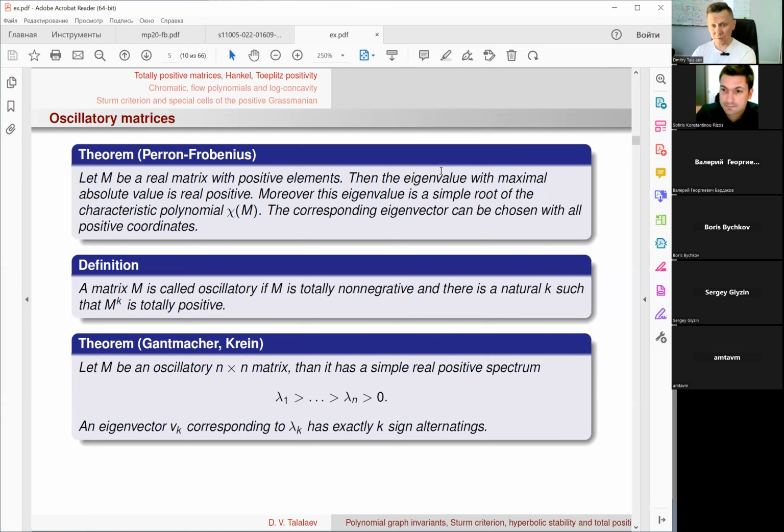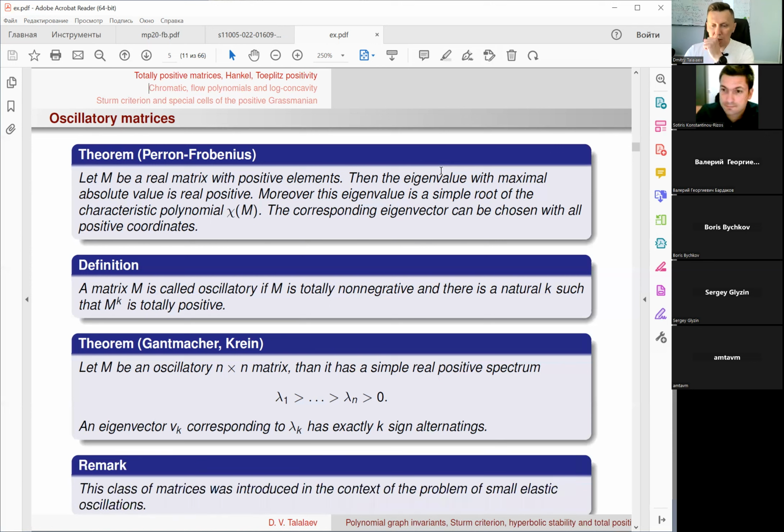It is a part of this theorem of Gantmacher and Krein that the eigenvector with number k has k minus 1 sign alternations. Initially, this class of matrices was introduced in the context of some physical problem of small elastic oscillations.